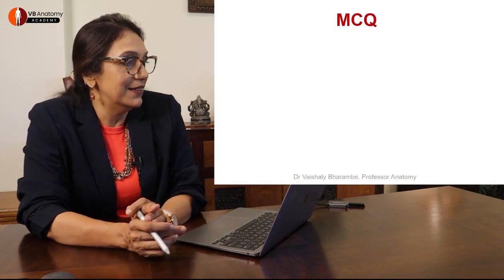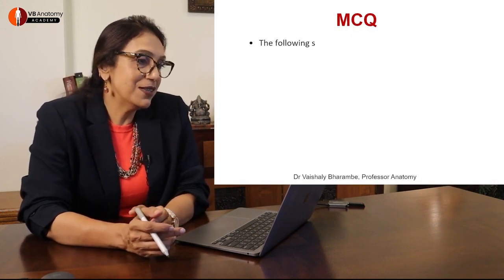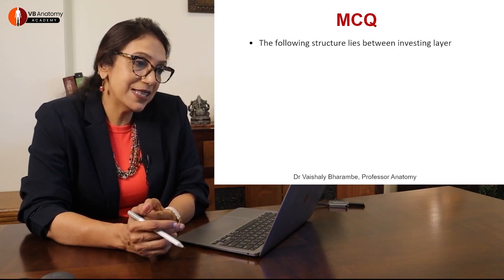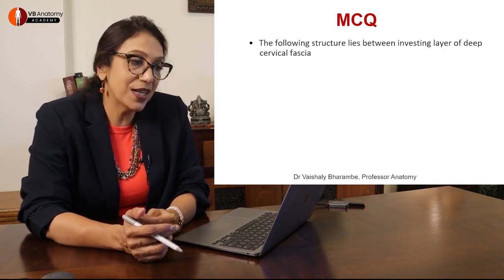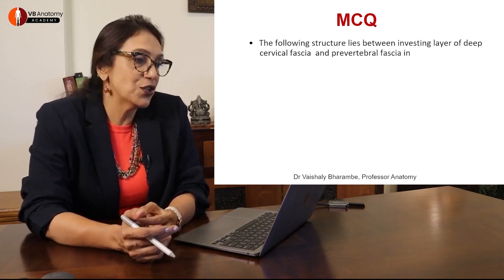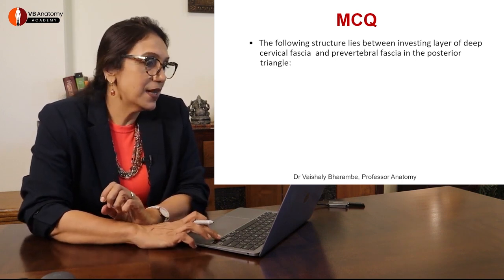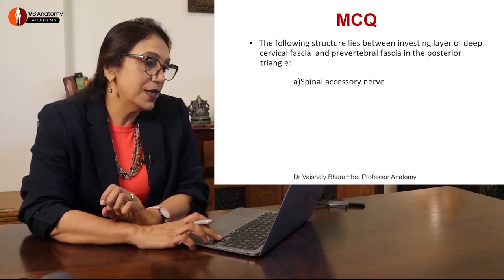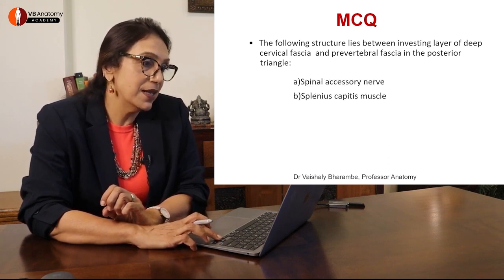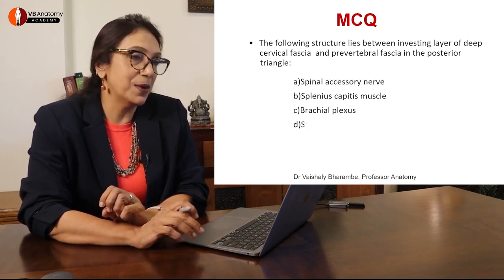Let's try and solve an MCQ before we do that to give you an idea of what our situation usually is as students, okay? So here you are seeing an MCQ. The following structure lies between the investing layer of deep cervical fascia and prevertebral fascia in the posterior triangle. The options are spinal accessory nerve, splenius capitis muscle, brachial plexus and subclavian artery.